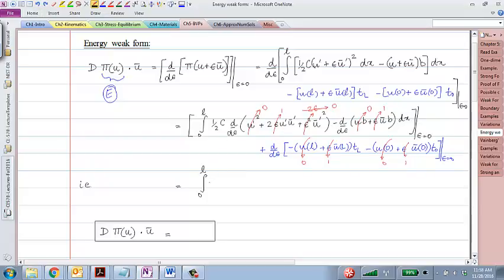I would get u bar prime c u prime dx, and I would get minus integral 0 to L of u bar b dx, and I would get the boundary terms, which would be minus u bar at L TL and minus u bar at 0 and T0. Does this look familiar?